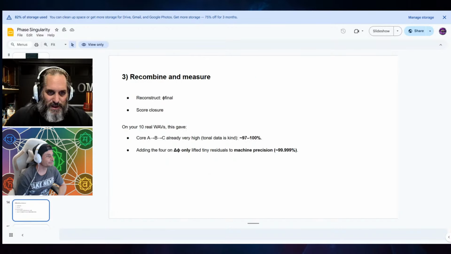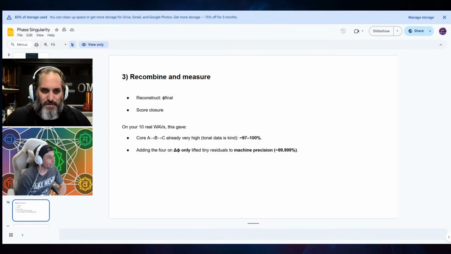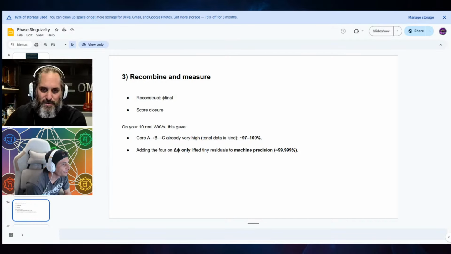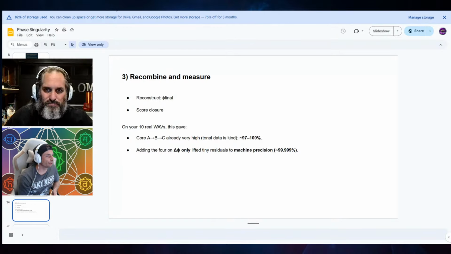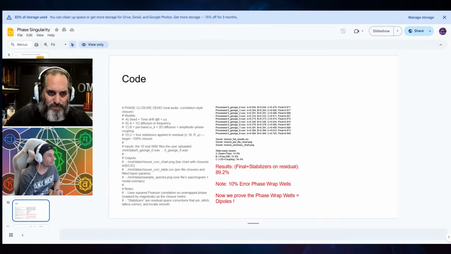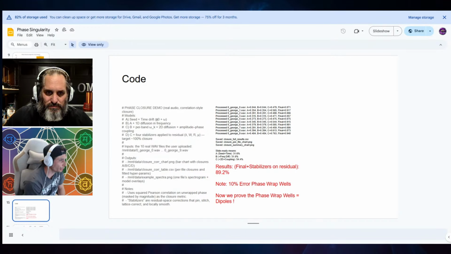I agree with that. Okay, let's look at this. Recombine and measure. Yeah, let's see. So this was us hitting 100. I feel like we're a little bit out of order. Can we go a little bit lower? Okay. Yeah. Okay, so this is what I did. I was trying to prepare for the show, and I applied my algorithm to random wave files.